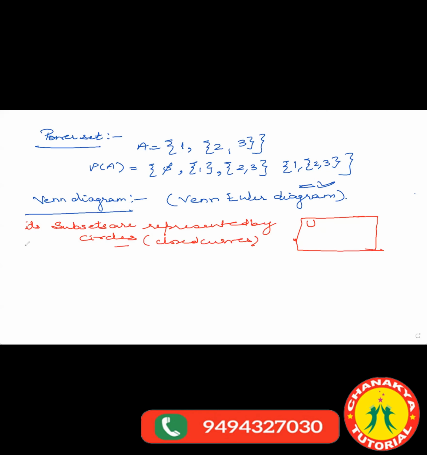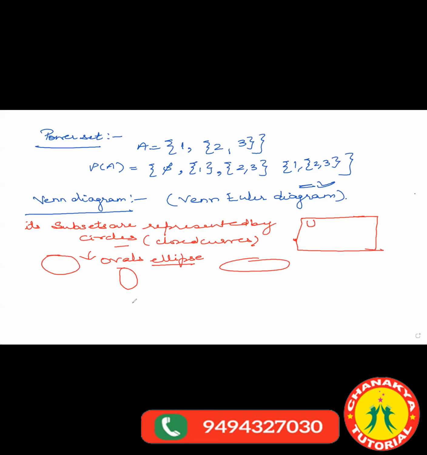You can make circles, ovals, or ellipses. Ellipse shape is this, ovals like this, and circles, you know this thing.